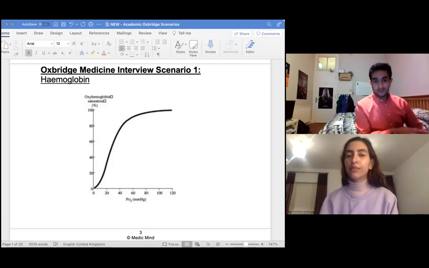So I'm going to guess that it probably shifts to the left, because it means that at the same partial pressure of oxygen there is a higher affinity in fetal hemoglobin, so that the oxygen dissociates from the maternal red blood cells and donates itself to the fetal red blood cells, and that means that oxygen can be taken up for the fetus, for them to do respiration for growth.